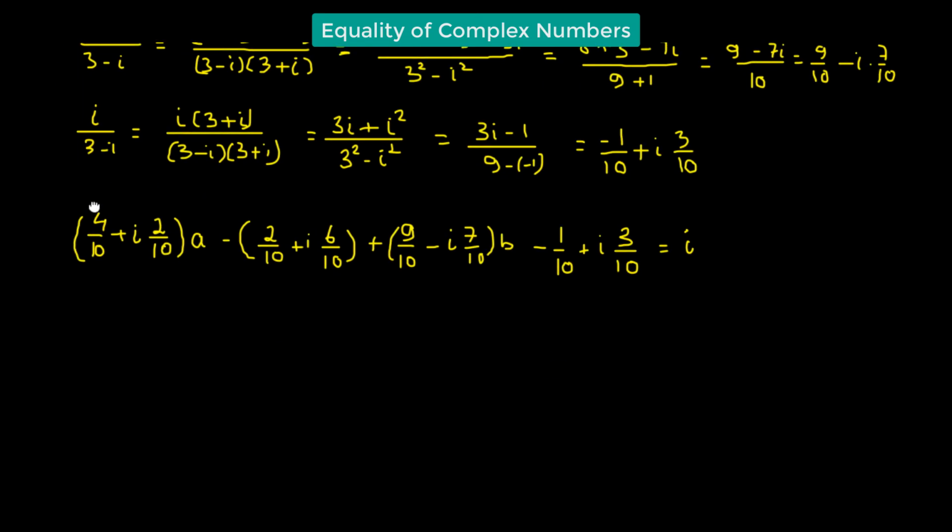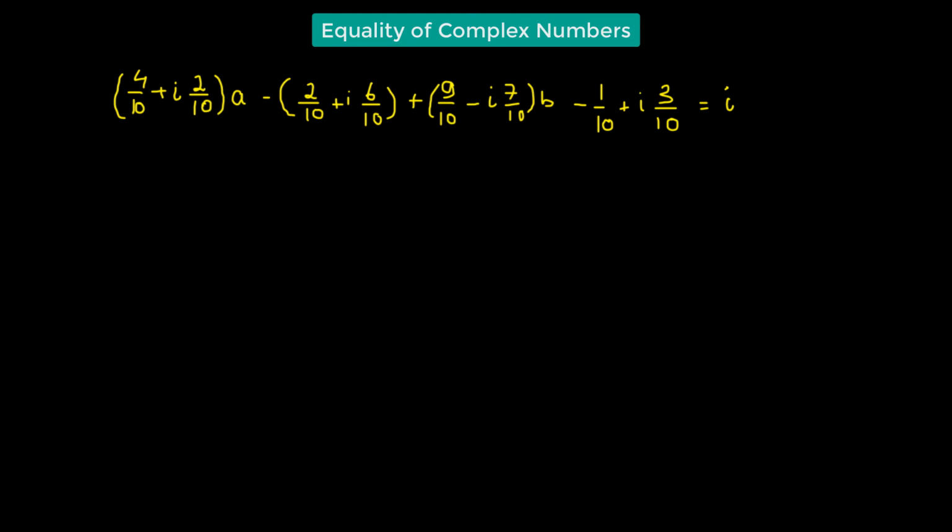So let us combine all the real parts together. So we'll have 4 over 10 times A added to negative 2 over 10 plus 9B over 10 minus 1 over 10.